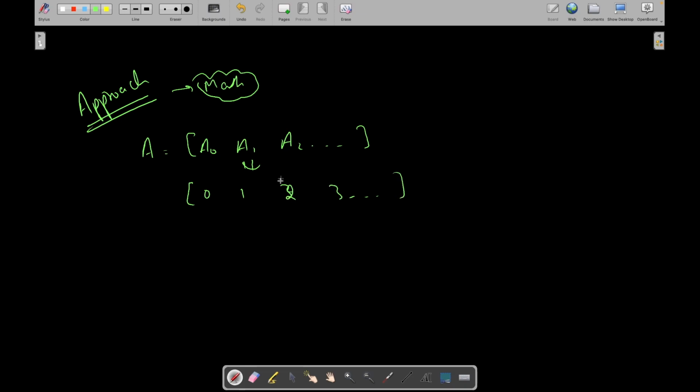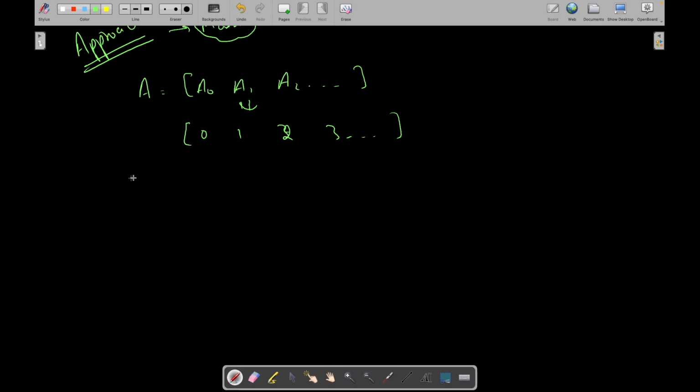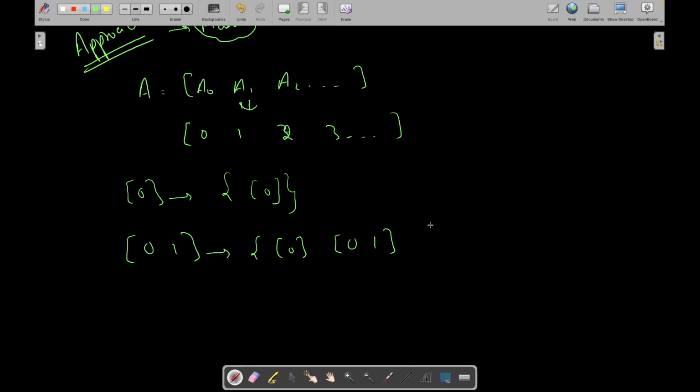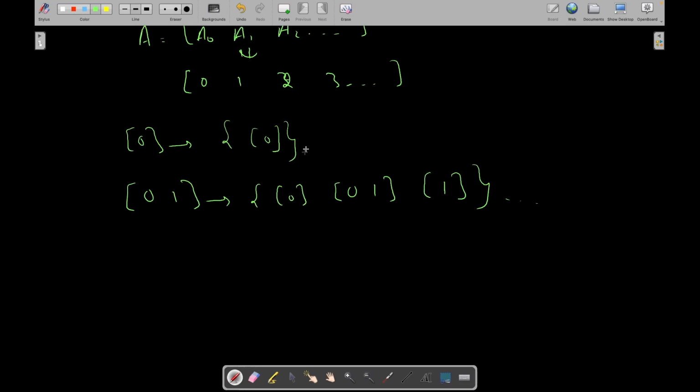Now let's say my array was only 0. There is only one possible subsequence, so 0, right? And if my array was a0 a1, there are 3 possible subsequences: 0, 1, and 0 1. Let's do one more.